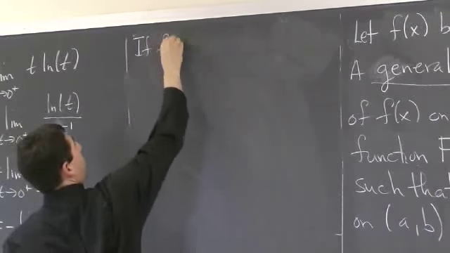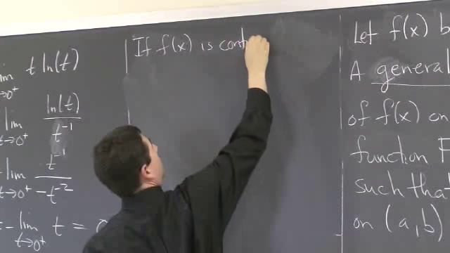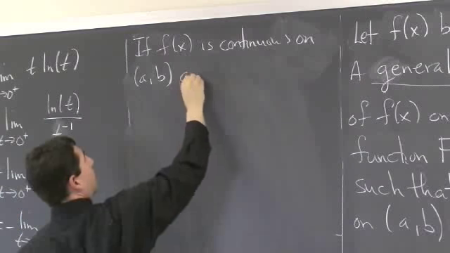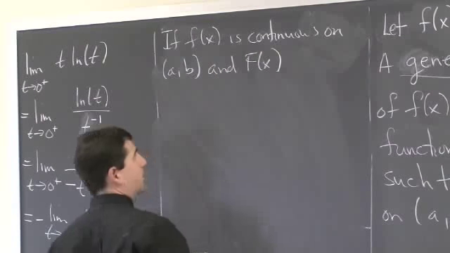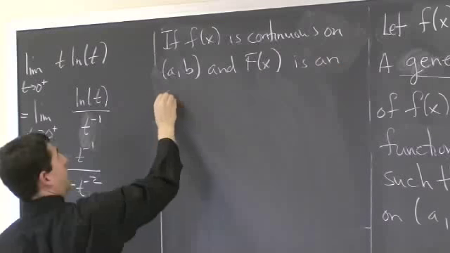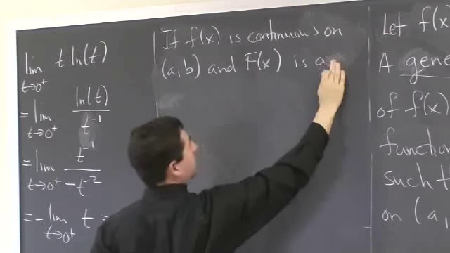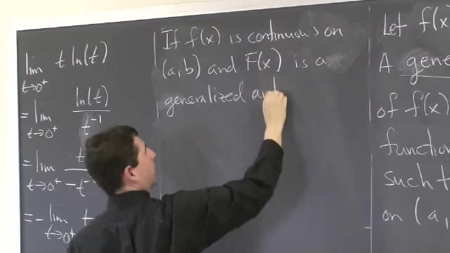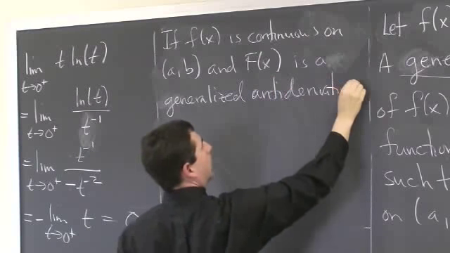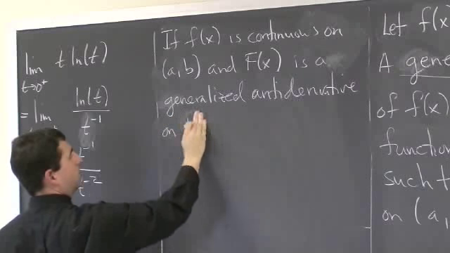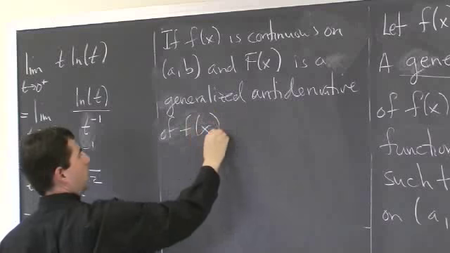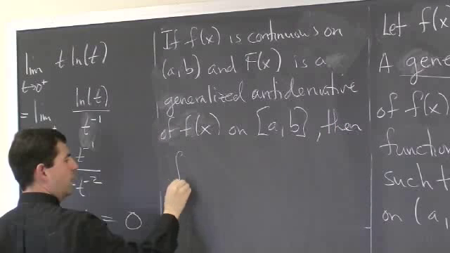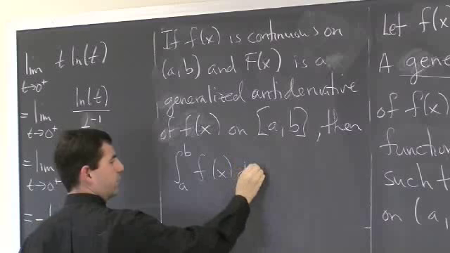If f of x is continuous on the open interval (a, b), and capital F of x is a generalized antiderivative of f of x on the closed interval [a, b], then we can actually integrate f of x from a to b.